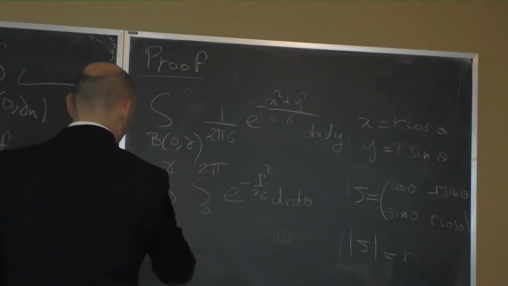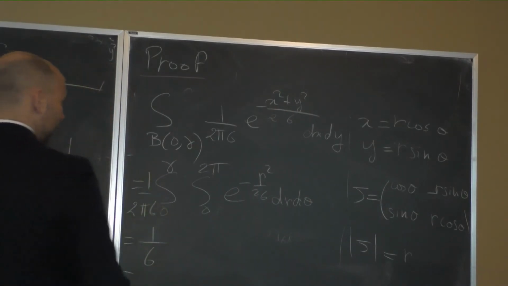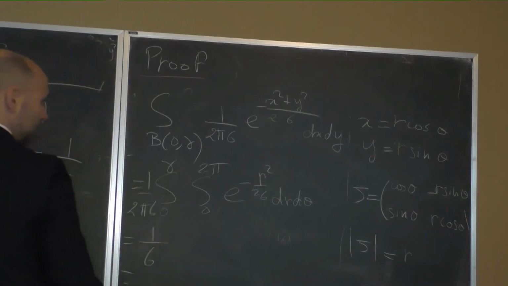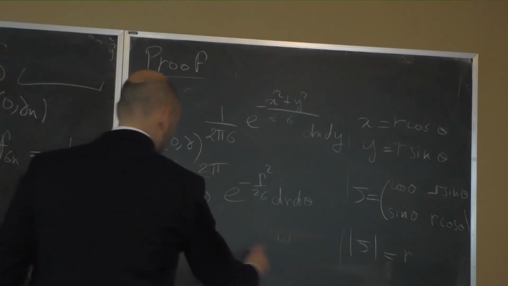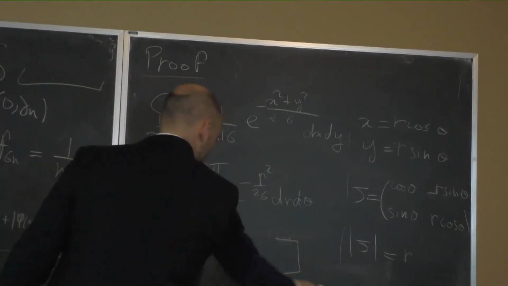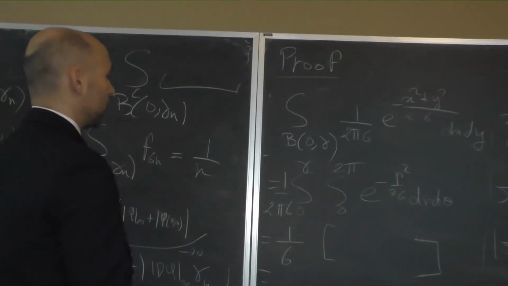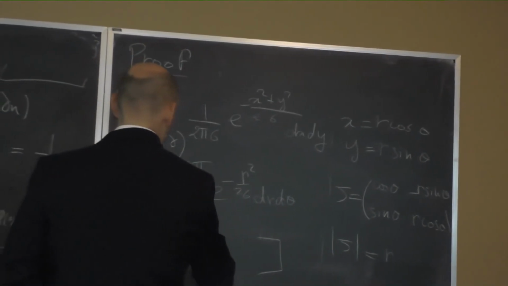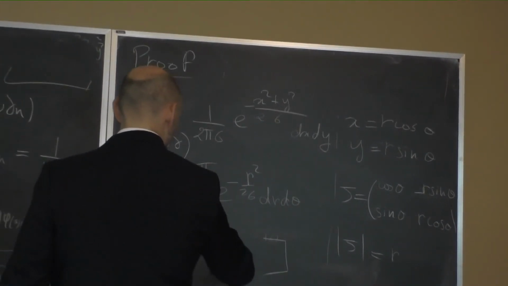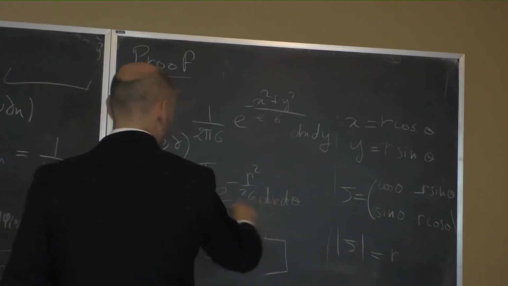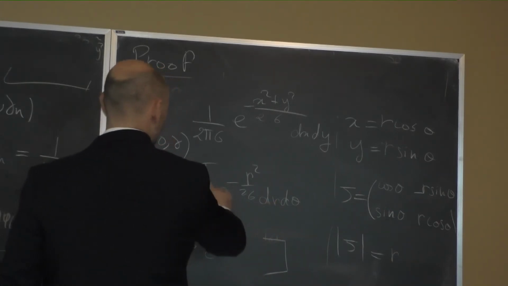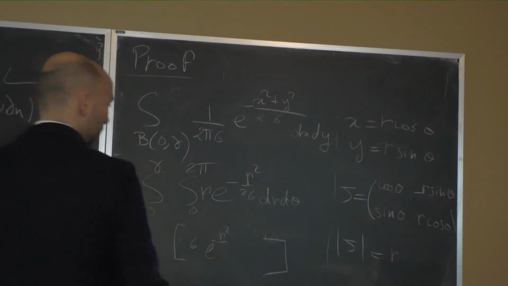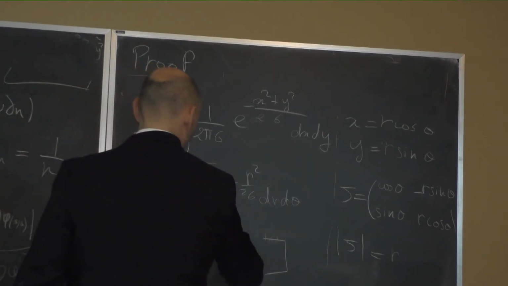So I get 1 over sigma of, and then I must compute this indefinite integral, which is sigma. I forgot the r here. Here we have the r. And so we got that.